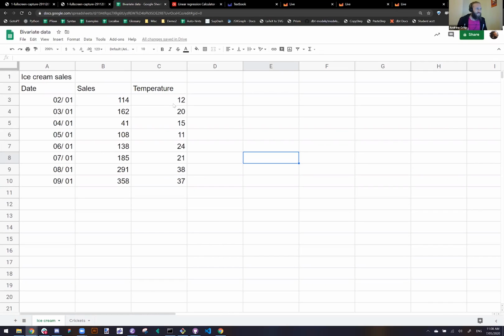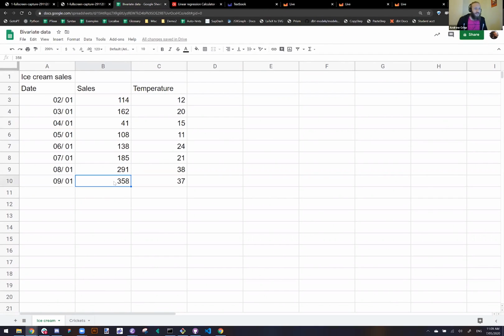Let's just take a quick look at the data before we do anything serious. When the temperature was cold, 12, 11, sales were relatively low, hovering about the 100 mark. I've got this 15-degree day that only sold 41 ice creams. Terrible day.